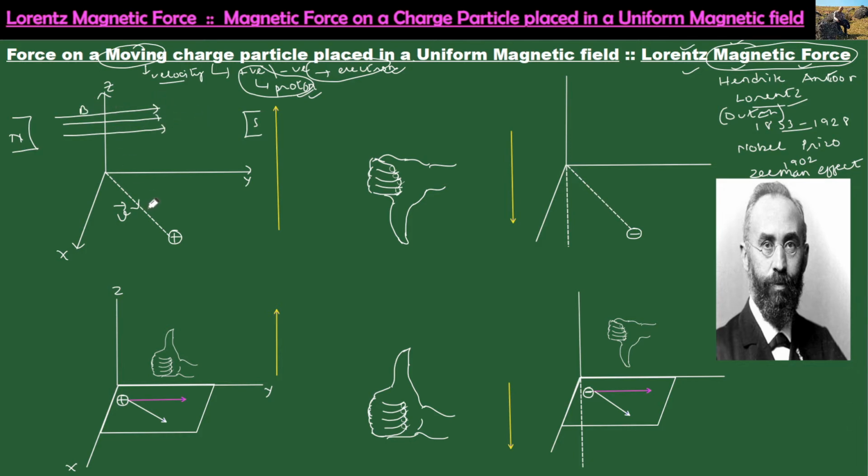This will be the direction of my B field, along the y-axis, which means there is some angle between the velocity vector and the magnetic field vector. From here it is determined that the cross product of the velocity vector and the magnetic field vector will account for what is known as the magnetic force.